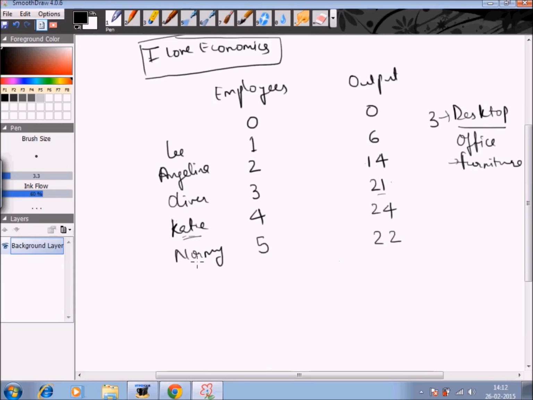But as soon as I employ Nomi, the total productivity also goes down. Now, what is happening? See, it's just the result of not increasing my other resources as compared to the employees. I am going on increasing the employees in the organization, but not my other resources. So ultimately, the total productivity starts going down.